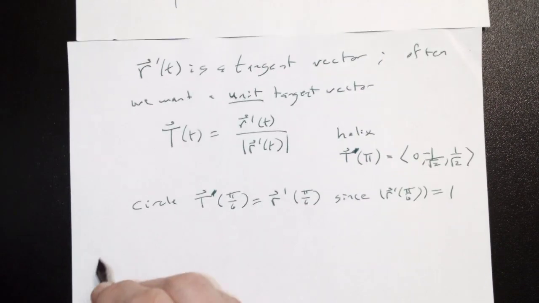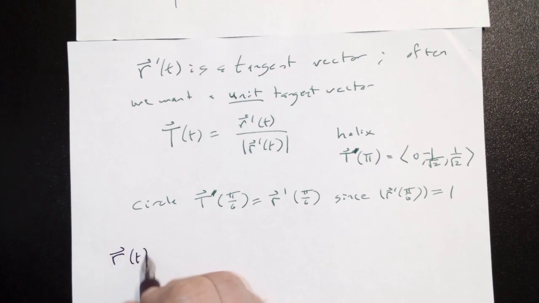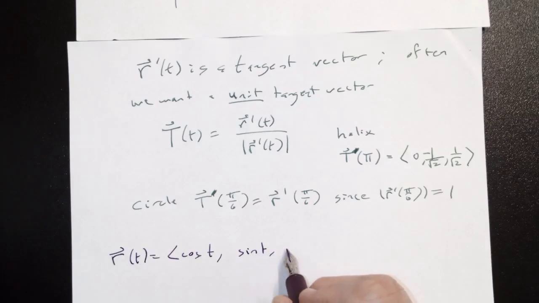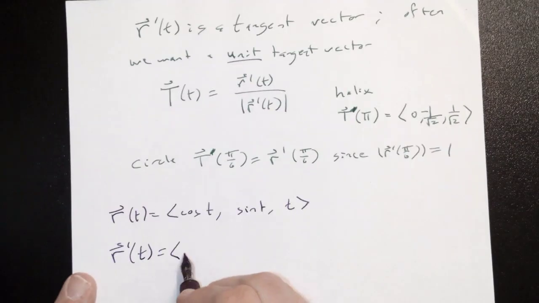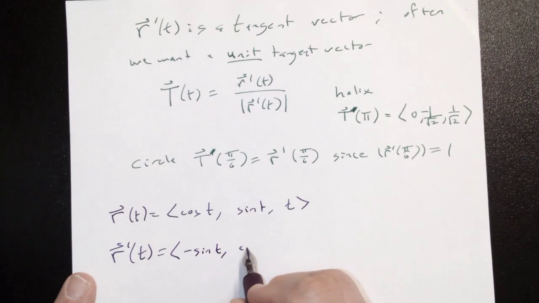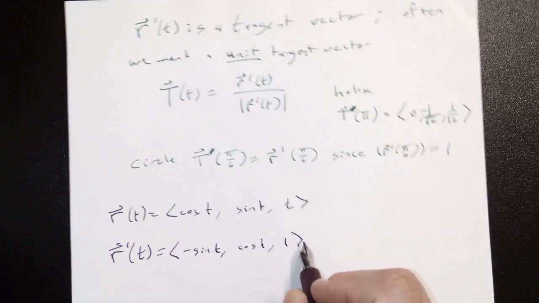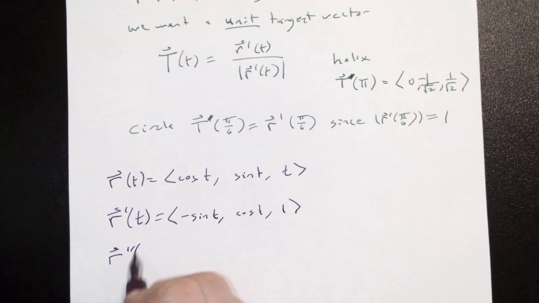Well, if I can do it once, I can do it again. Go back to our helix. Our derivative, r prime of t. That means I can do r double prime of t. What do you get for r double prime of t?